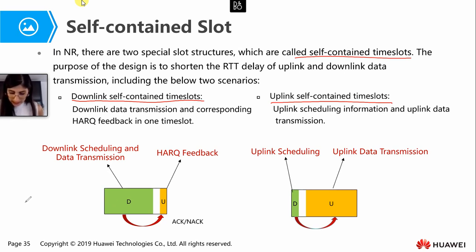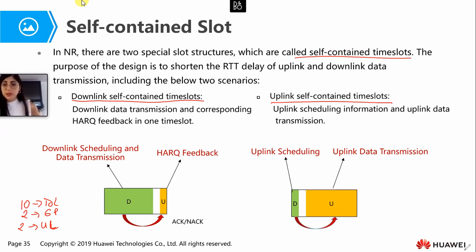Maybe 10 of these symbols are for downlink. 2 of these symbols are for a guard period to allow the conversion from downlink to uplink. And then we have other 2 symbols of uplink. In these 2 symbols of uplink, we can transmit, for example, HARQ feedback, acknowledgement or non-acknowledgement information, to be faster.